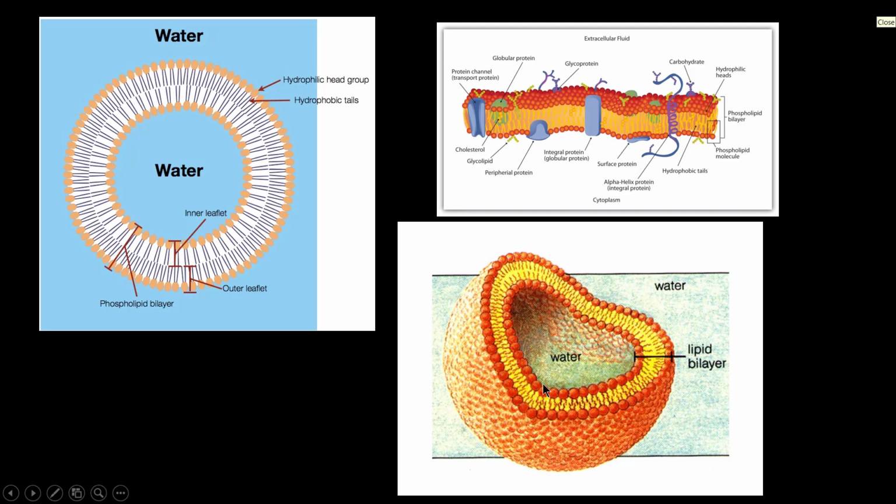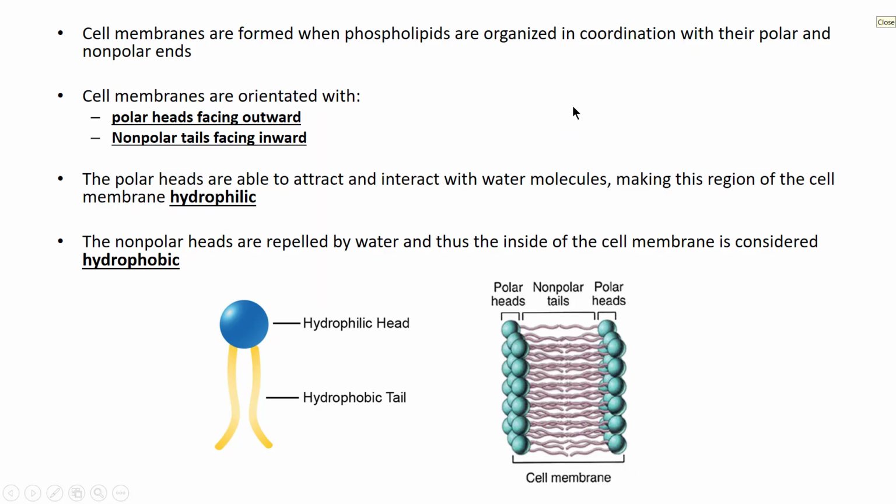This is a more three-dimensional figure showing the same thing, and this is another iteration of the additional components that we'll get to next. These terms are reiterated again here in the notes. Polar heads face outward. Polar heads are hydrophilic. So as we bring water towards the cell, it is attracted to the head.